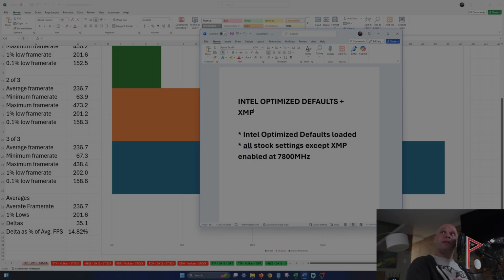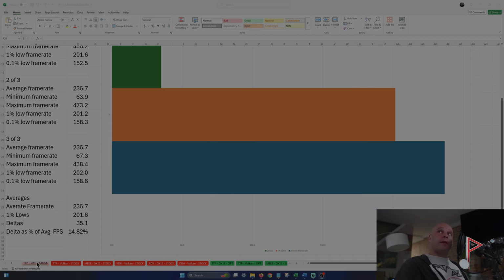This is a 14900K, RTX 5090 Zotac Solid OC, 14900K delidded, direct-die water blocked, RAM water blocked, everything's water blocked. All right, these are the stock settings, just XMP enabled.